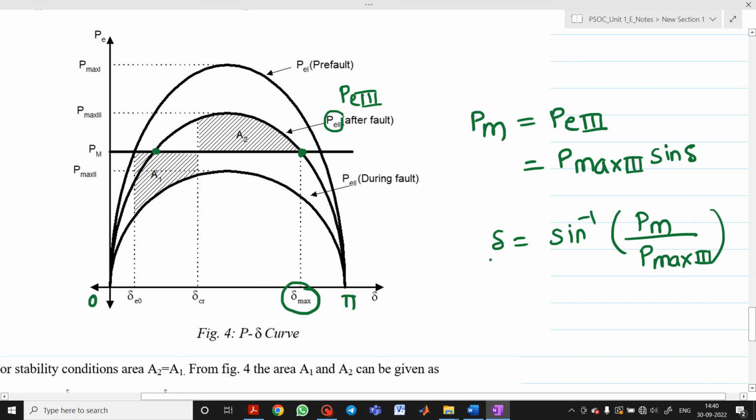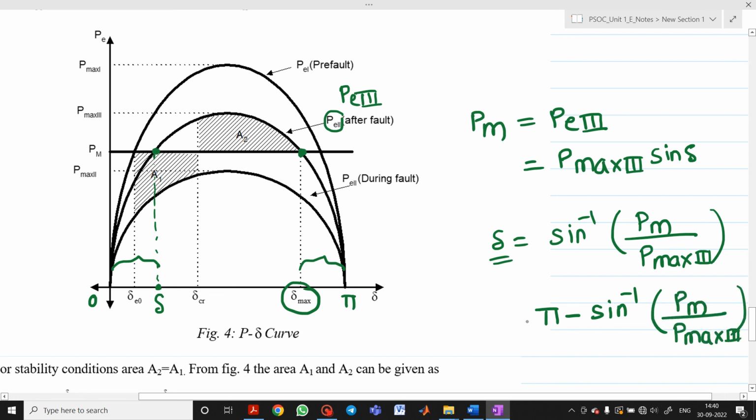So this is the answer for which delta? If you draw this line up to here, you will get this delta. Please see now, this distance and this distance are the same. So from total pi, if I subtract sine inverse of PM upon Pmax3, then whatever value I get is nothing but delta max.